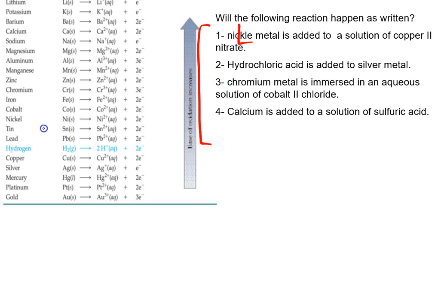So I'm going to put an L by that. Is added to a solution of copper 2 nitrate. I don't need to worry about this part. I just find the other metal. Copper is right here. And this is my ion. Is my loner higher on the chart than my ion? Yes. So will a reaction happen? Yes.